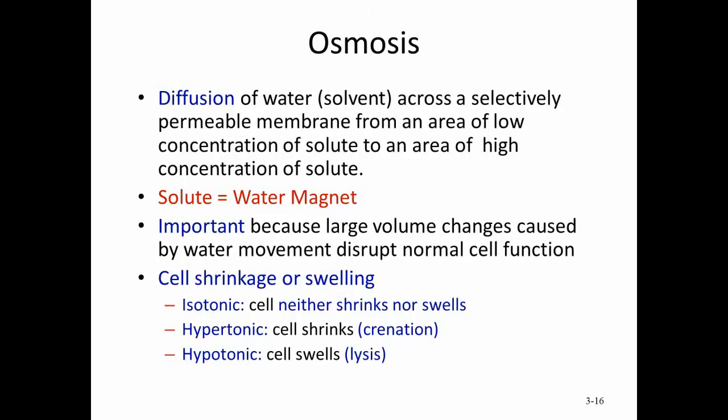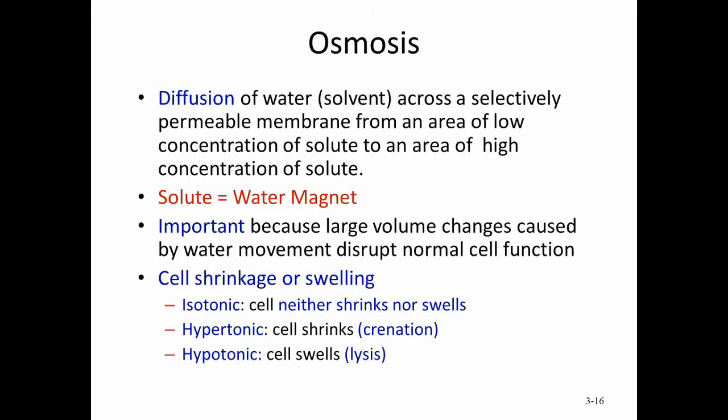So 0.9% sodium chloride is in that water. Well, that just happens to be the same amount of sodium chloride in the cell. So the amount of water going in the cell equals the amount of water leaving the cell, and the cell neither shrinks nor swells. So we call that an isotonic solution.